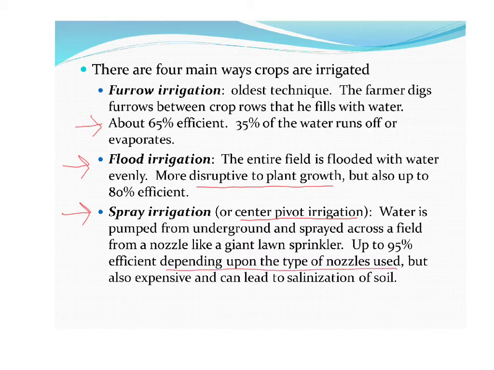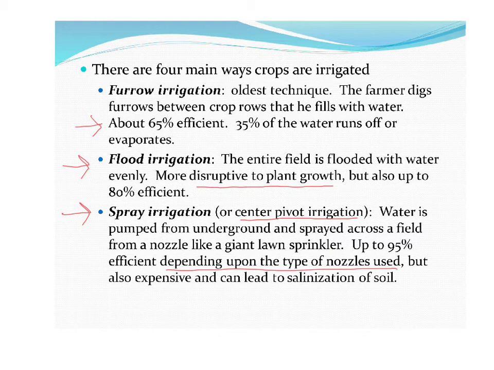There's two different types. One is a center pivot where it looks like a giant lawn sprinkler, and it is literally just spraying water through the air onto the crops. Another way is to use long pipes that have nozzles that hang down on short hoses. That actually makes the process a lot more efficient.